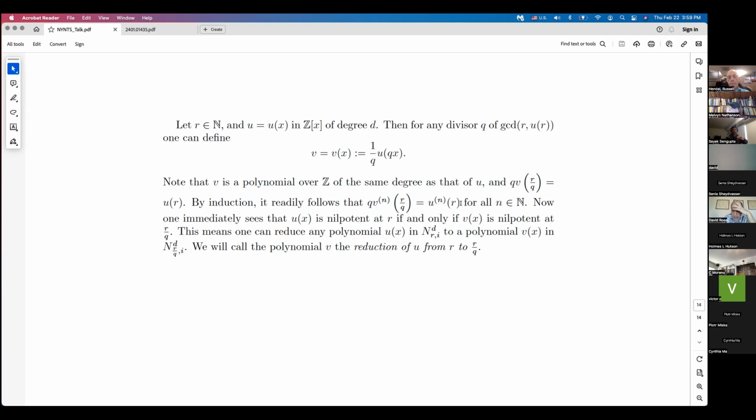So does all this apply equally well to points of any period? If you're looking at the trajectory of a number under some polynomial, is there an upper bound to the size of a period?